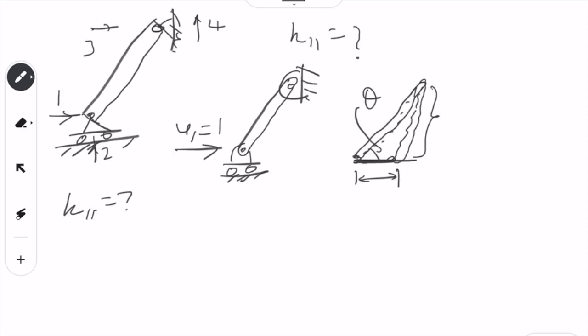And how will you do it? Okay. So we have this angle equal to theta, this length we have L, right, okay, and then we can draw it here. So this is L and this is theta, okay, and let's say you are moving here by u1. So from here to here is u1.